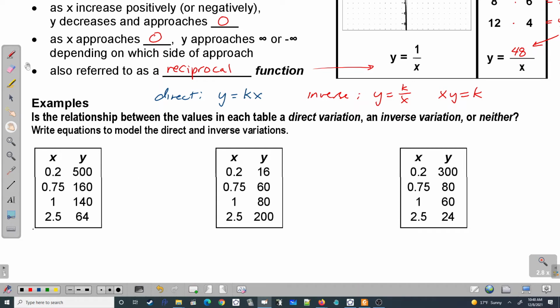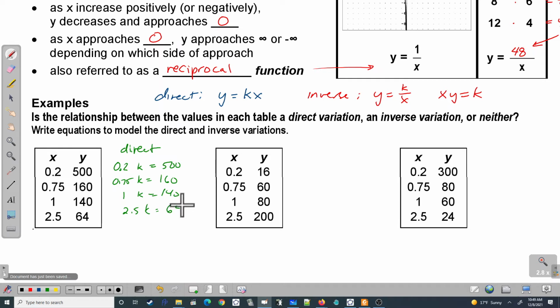If it was direct, you would be asking yourself, if I take 0.2 and multiply it by some constant, and you can think of this as x, you can think of it as k, and it equals 500, and I can do that all the way down the line and get the same number, then it's direct.